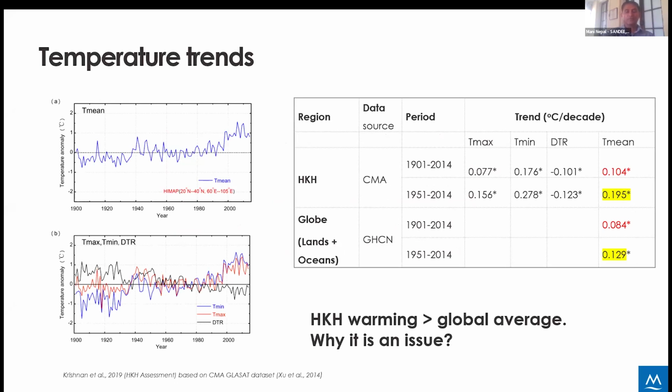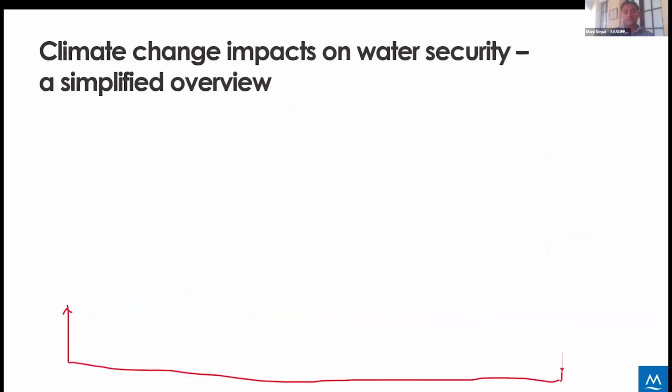One is from 1900 to 2014, and the other one is from 1951 to 2014, a little bit more recent trend. But in both cases, the HKH region is warming relatively higher. That means whatever happens globally on average, this region actually warms at a much higher rate. That's the science that is telling us.